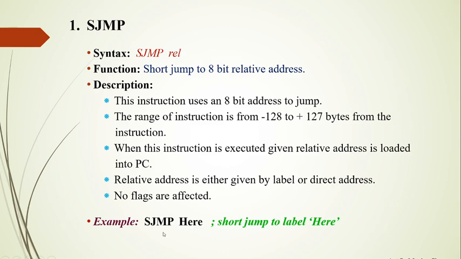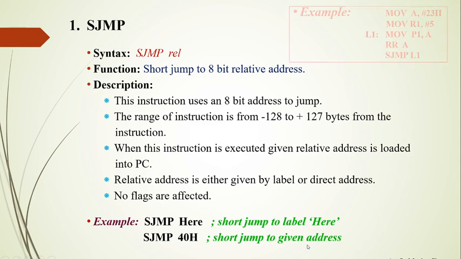After executing this instruction, the controller jumps to the label HERE. SJMP 40H, which is nothing but the direct 8-bit address which is available in the instruction. So after execution of this instruction, the controller jumps to the given address.